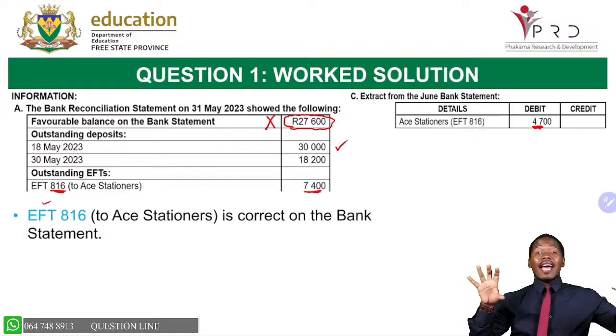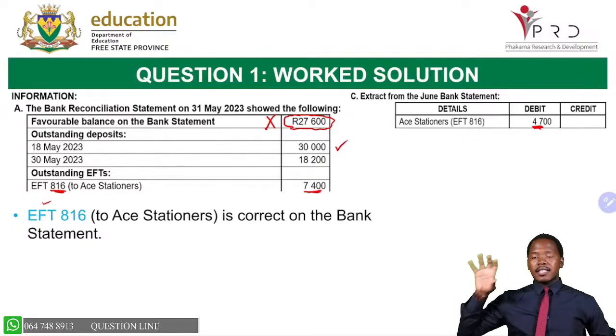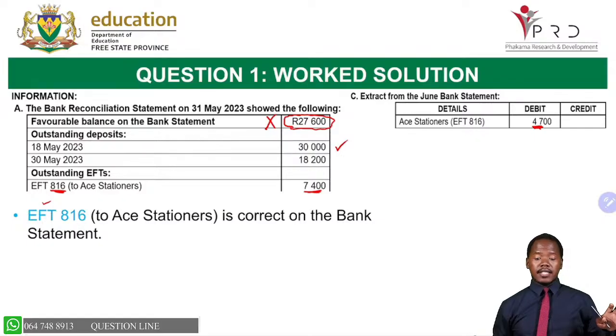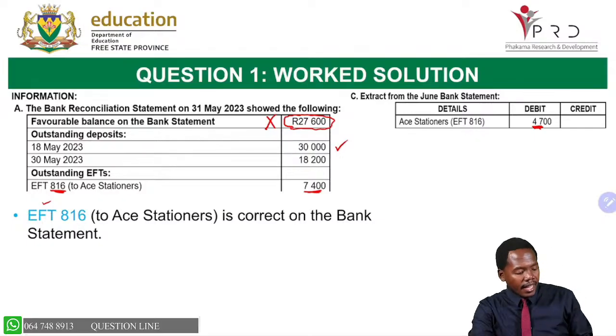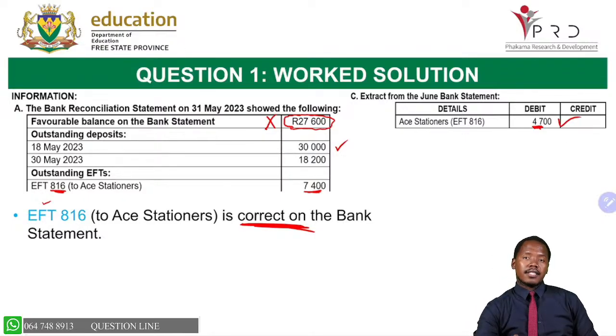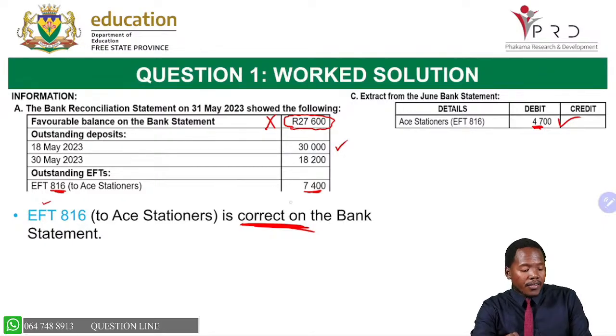So we are faced with a dilemma of two figures, 7,400 as well as 4,700. What are we saying here? They are saying that the money in the bank statement is correct, meaning this 4,700 is correct, and the 7,400 is wrong.